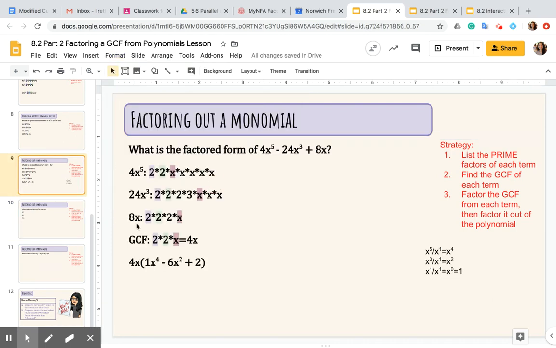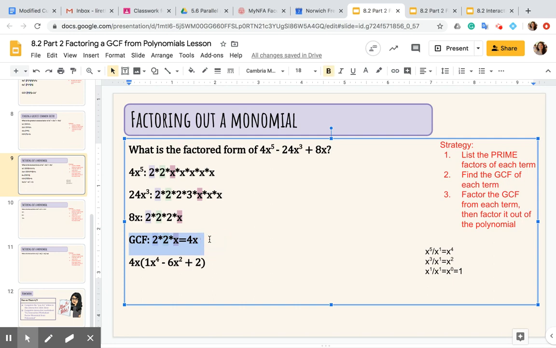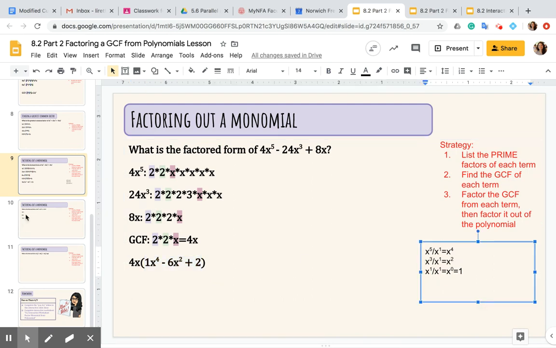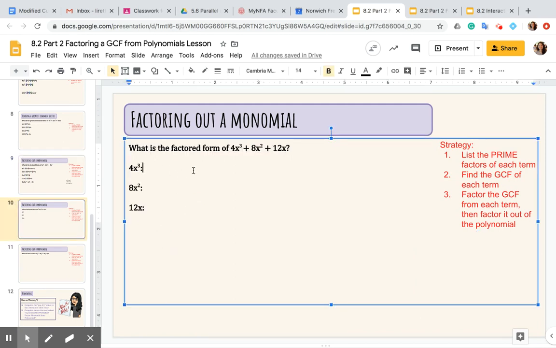This piece here for finding the GCF is eventually what you'll become good at doing in your head, finding what the greatest common factor is, okay? And also doing this part here to where you won't have to do all this work to the side. In fact, you don't have to show me this part when you do the you try slides. I'm just doing it so you can see how I'm getting my terms.